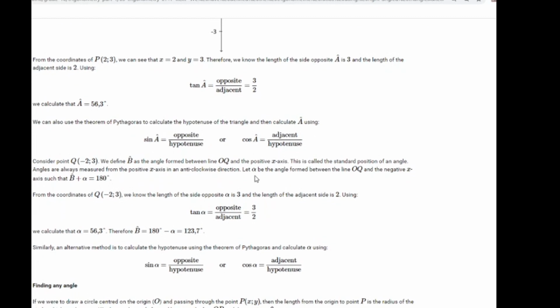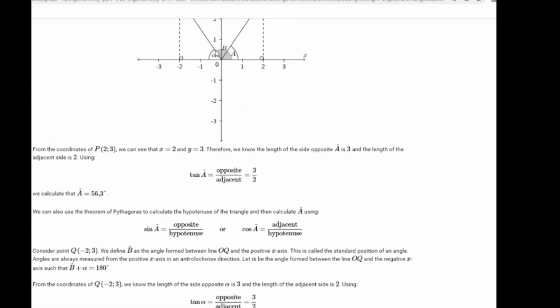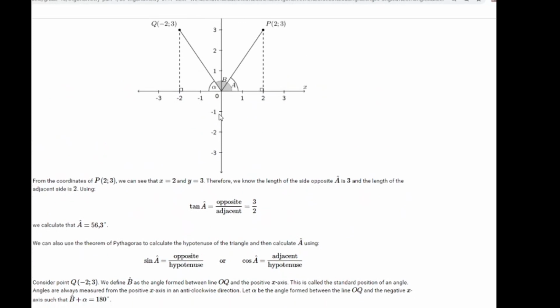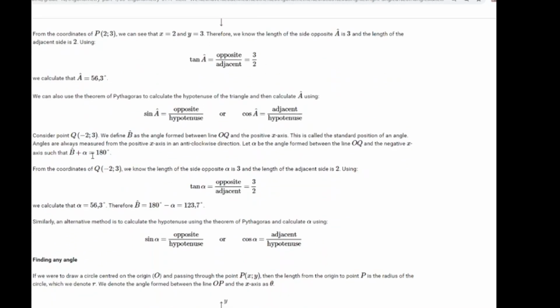So let alpha be that angle. Let alpha be an angle formed between the line OQ and the negative x-axis, such that when you add angle B and alpha, you will get 180 degrees.